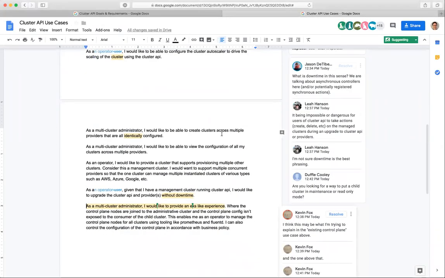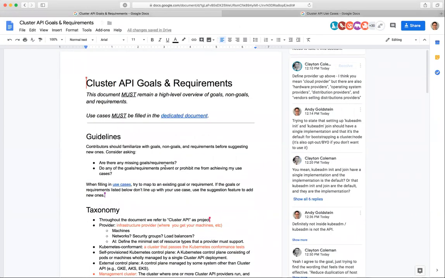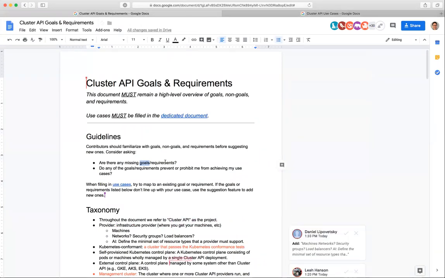Everyone has edit permission on this use cases document, and we encourage you to add your use cases. There are not necessarily any wrong answers here, so it's worth putting them in so that we can see what people are interested in doing and we can talk about them. But for this discussion, we are trying to stay at a high level with goals and requirements, and see if there's anything missing, and if anything in this document would prevent you from achieving your use cases.